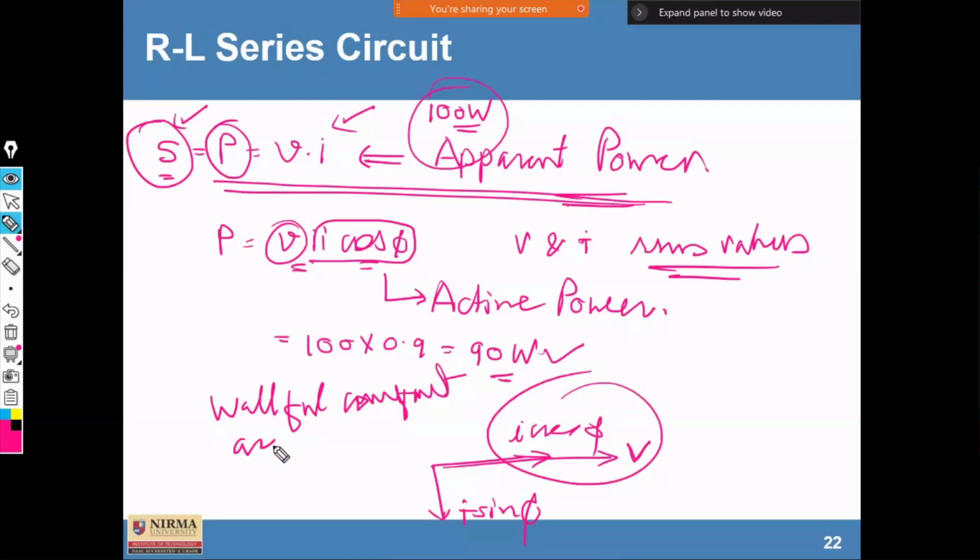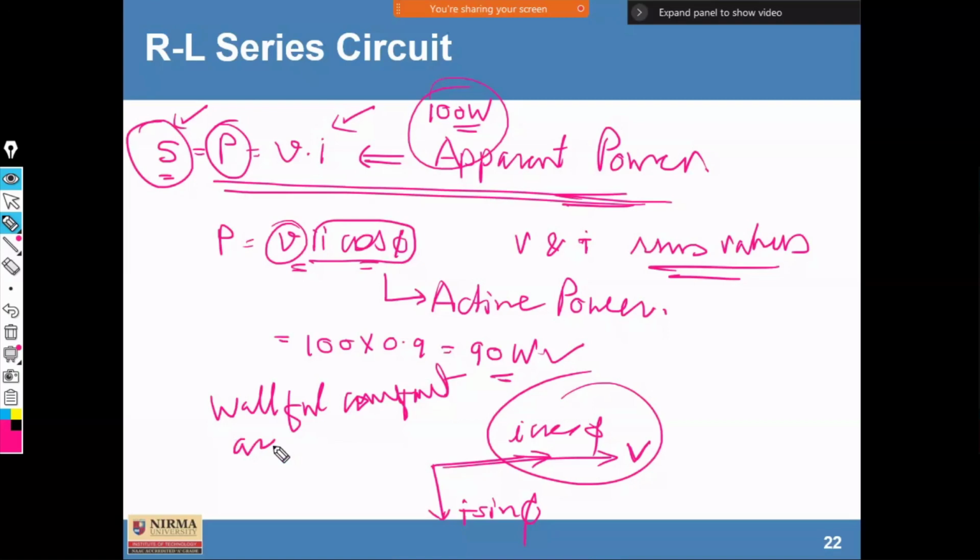So we can draw a power triangle also. Here S is V into I, called apparent power. Now this is an angle phi.